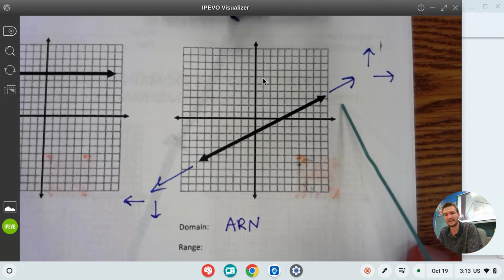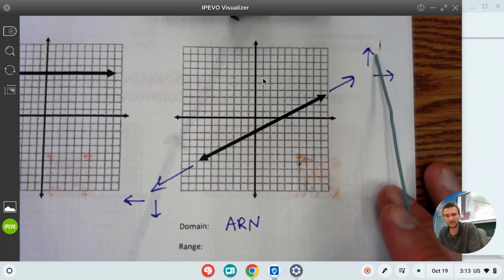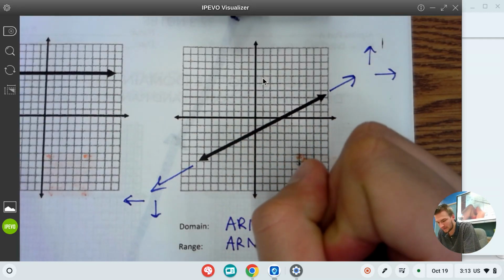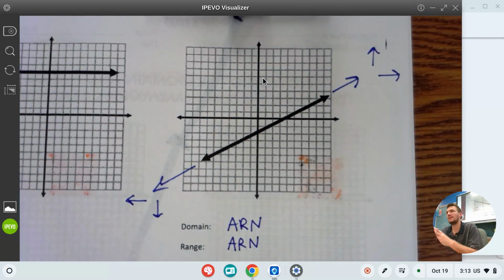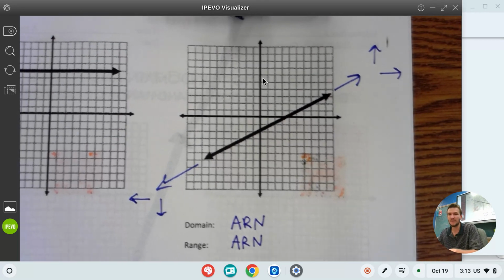With this line, do we go down forever? Yeah. Do we go up forever? Yeah. So what's our range going to be? All real numbers. So remember, these straight lines, they're pretty easy. I didn't put a highlighter box on the straight lines. I put a highlighter box on the U-shaped because those U-shapes are the killers.